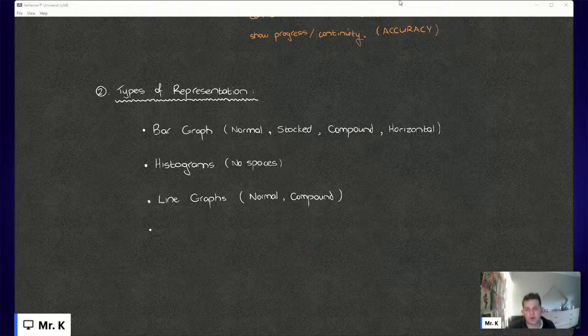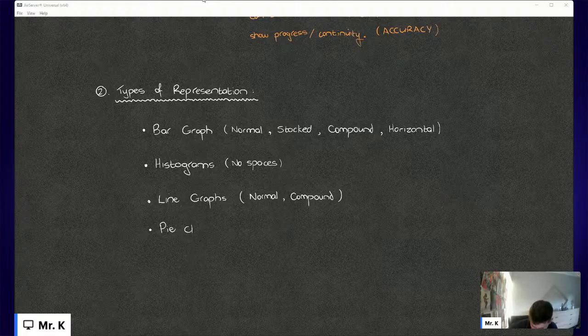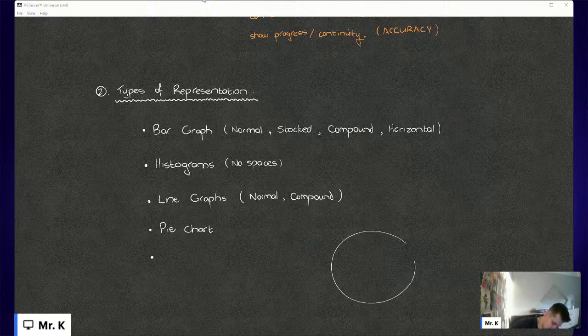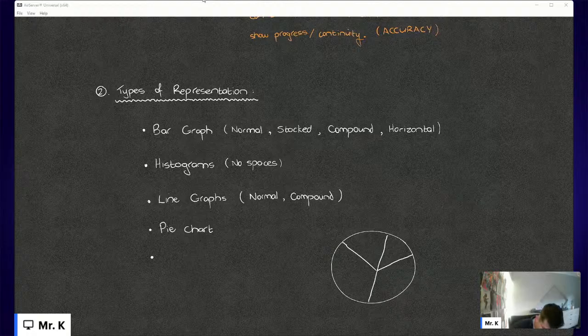Now, one of the charts that are very important for you guys to understand is pie charts, right? This isn't a specific kind of graph, but it absolutely is a format in which we can show our information. So pie charts are very important because you should understand how to draw them and calculate the different sizes of the sectors. You should be able to draw a pie chart from scratch, calculating the size of each of these sectors on your own.